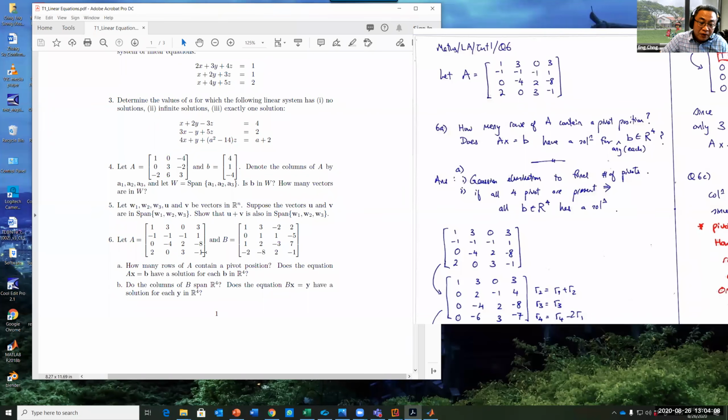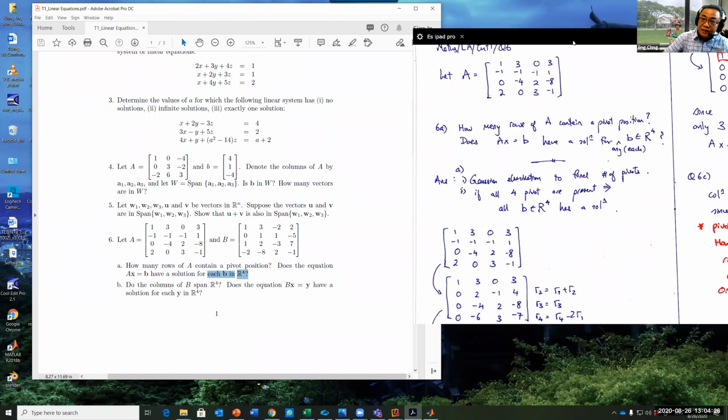A is a 4x4, so he first asks you, how many pivots are there in A? Does the equation AX equals B have a solution for each B in R4? Or basically he's saying that for any B I choose, is there a solution? So let's try to understand this.